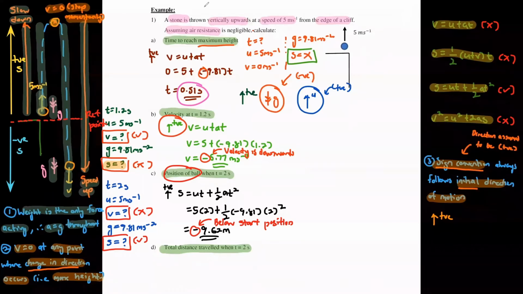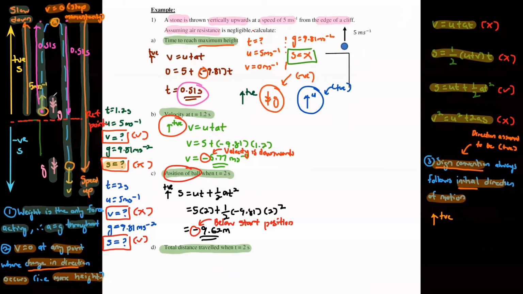Now, looking at how the object moved, we know that when the object went from the initial position all the way to the maximum height, it took us 0.51 seconds. So it will be reasonable to assume that from the maximum height to go back down to the original starting point, it will also take the same time of 0.51 seconds.